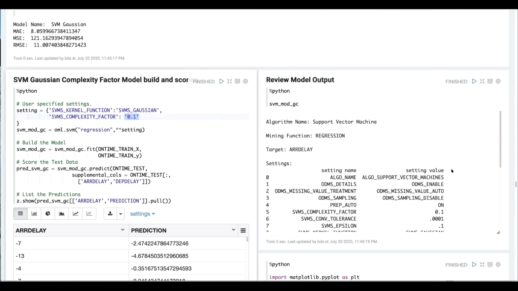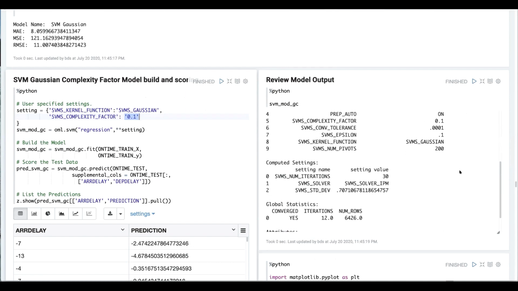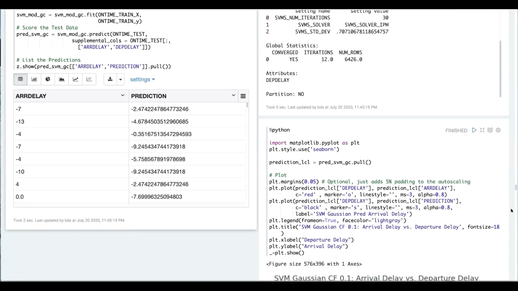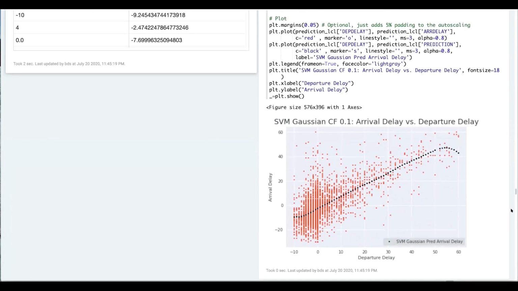Not necessarily good in this case, because again, it's pretty much a straight line prediction. But if you look at what happens, I think you guys can see the difference. Because I added that complexity factor, I forcefully asked it to try to create more curves than needed, so you can see that trend.